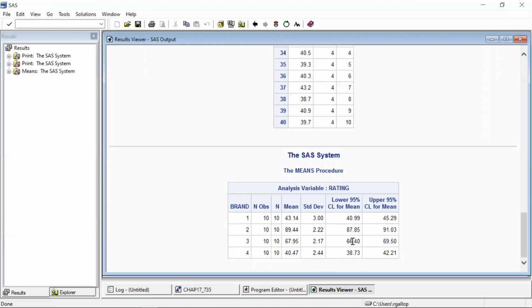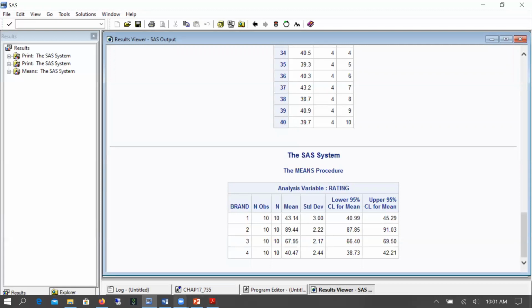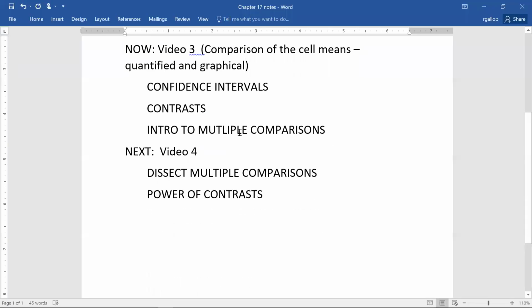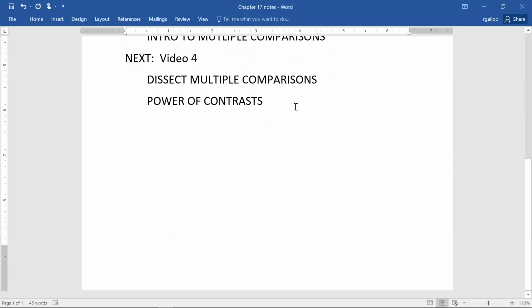Now, pay pretty close attention to this one, brand 1. So we're 95% confident, based on these descriptives, that the true average rating for brand 1 lies between 40.99 and 45.29. So let me go back here to Word.